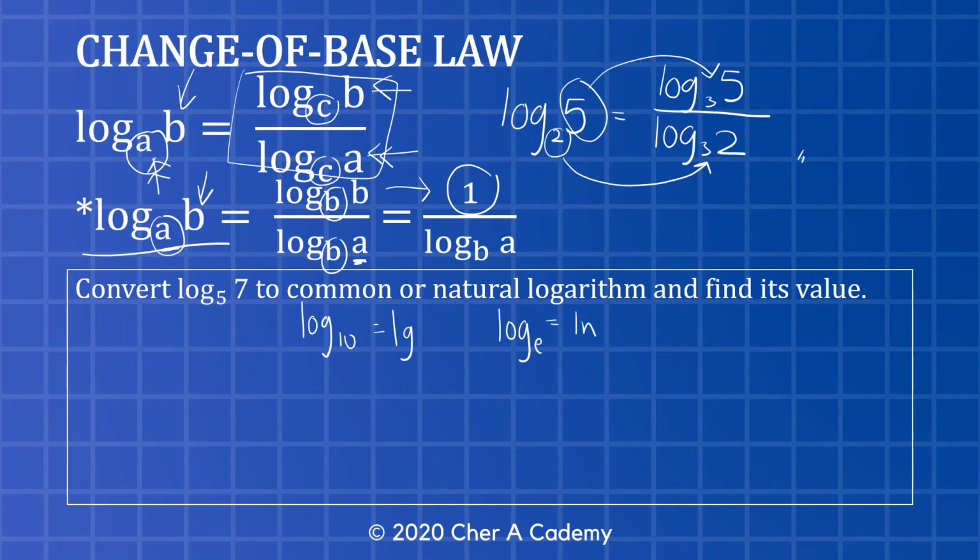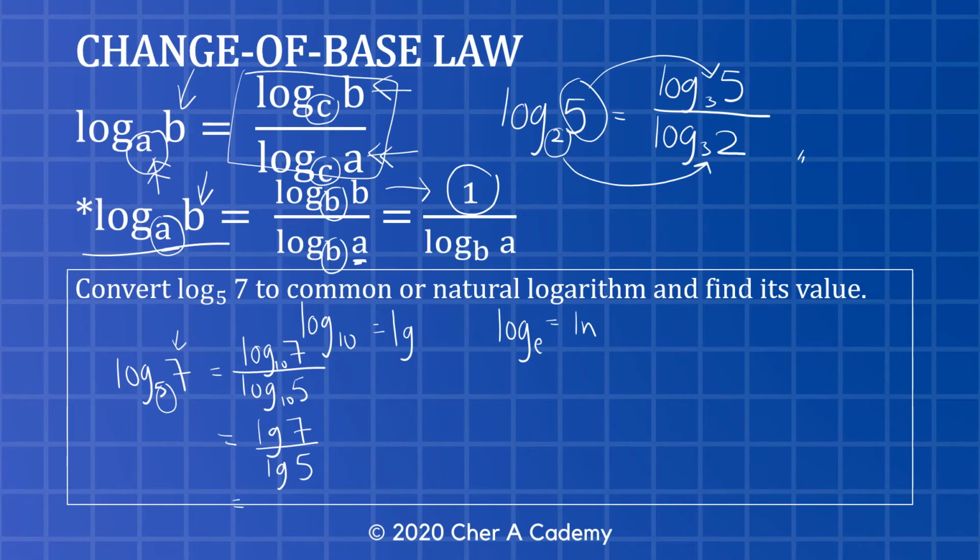Let's convert log base 5 of 7 to common log first. Common log is base 10, so I write this down first: a fraction, with log base 10 at the top and log base 10 at the bottom. 7 goes on top, 5 goes below. So in short, it is lg 7 divided by lg 5.